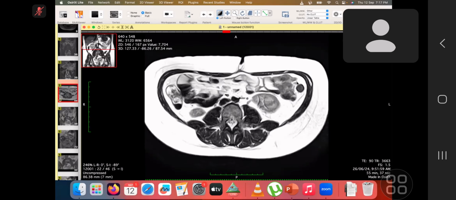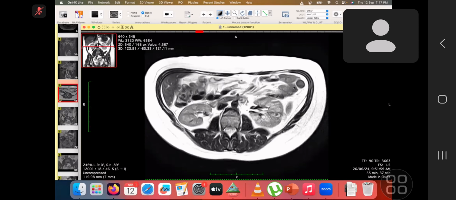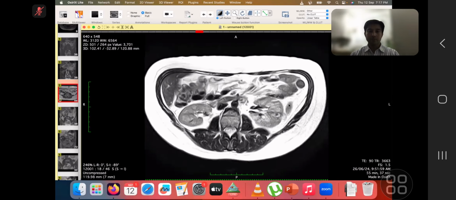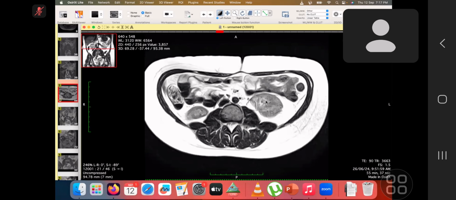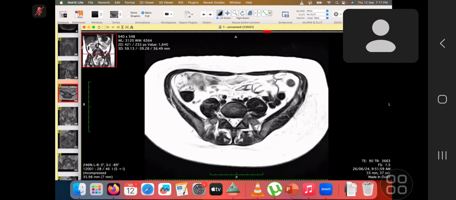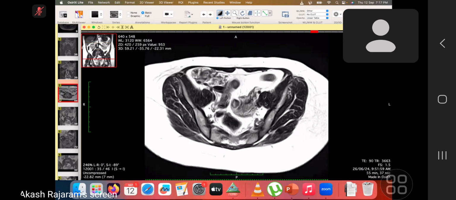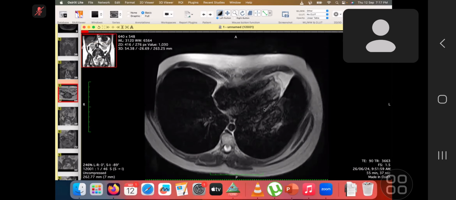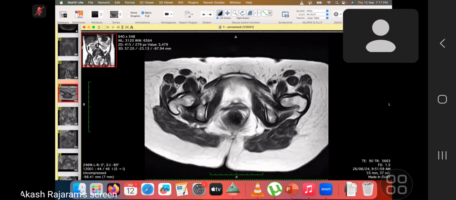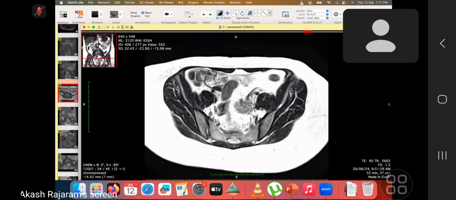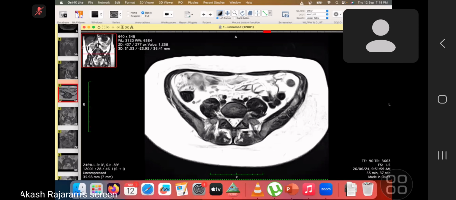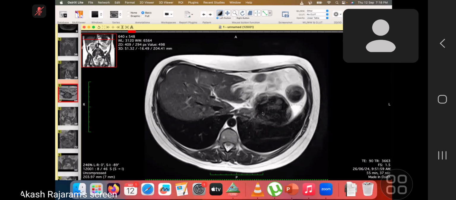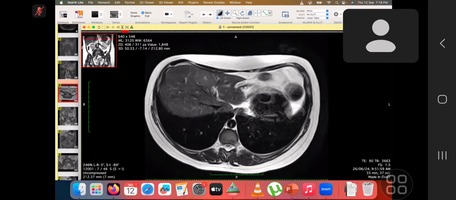I could see some asymmetry in the left kidney in comparison to the right. You can ignore that. Okay, so I don't see any dilated loops of bowel. I don't see any pleural effusion, the visualized lung bases.